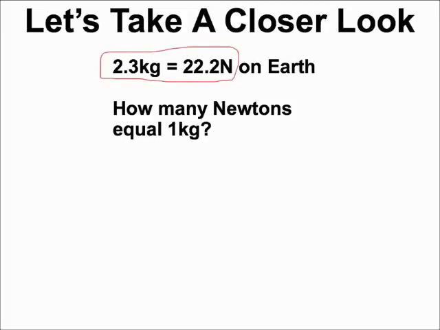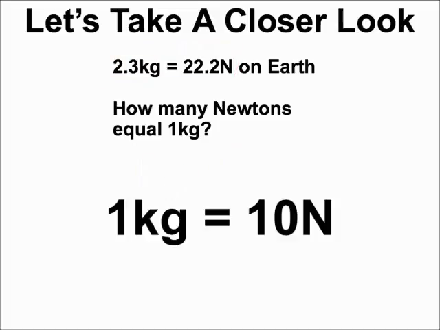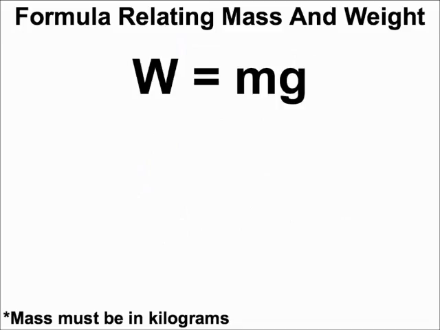If you look at these two numbers, 2.3 kilograms and 22.2 newtons, and think about what that relationship is, it's almost 1 kilogram equals 10 newtons. And that's what I want you to notice. And that's going to be an important value for us. 1 kilogram equals 10 newtons.